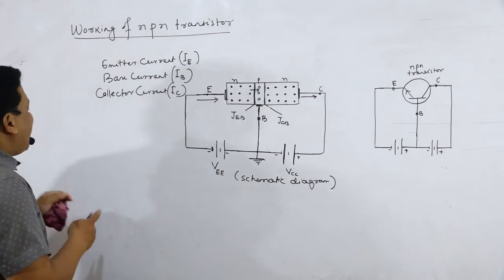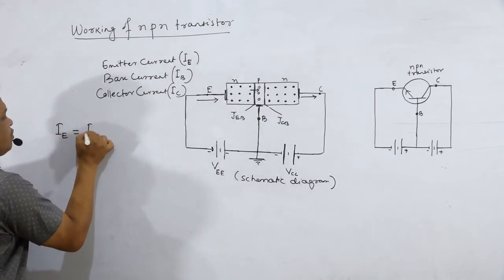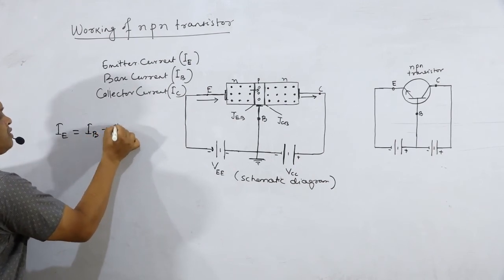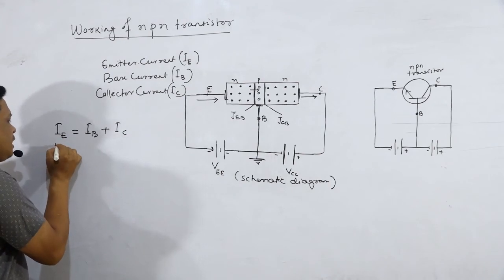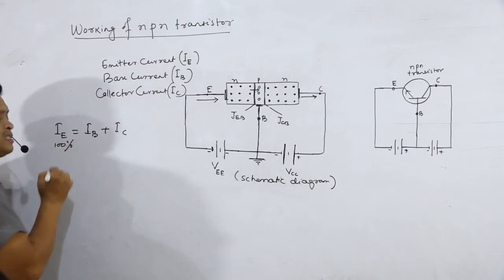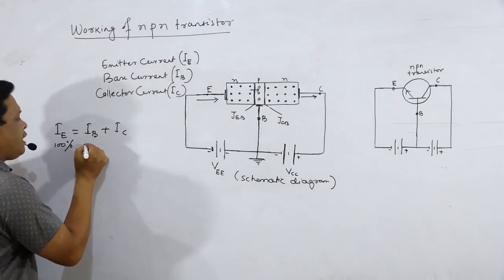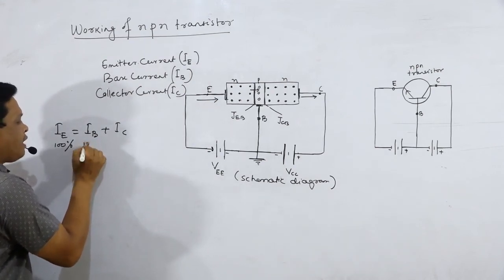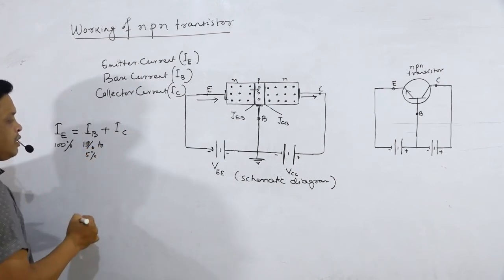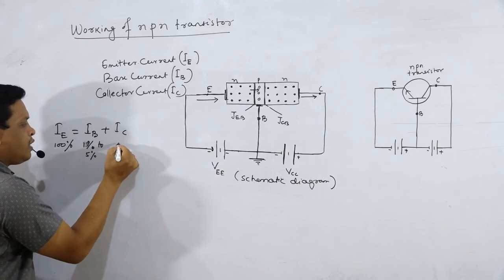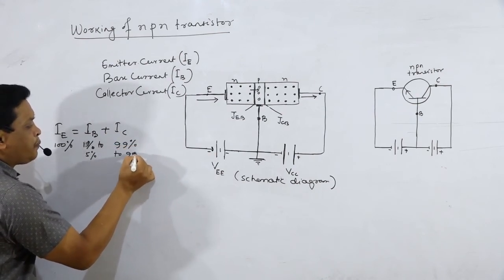Now, you will see that the total emitter current IE is equal to IB plus IC. This is very important. If we take emitter current to be 100%, base current varies from 1% to 5%, while collector current varies from 99% to 95%.